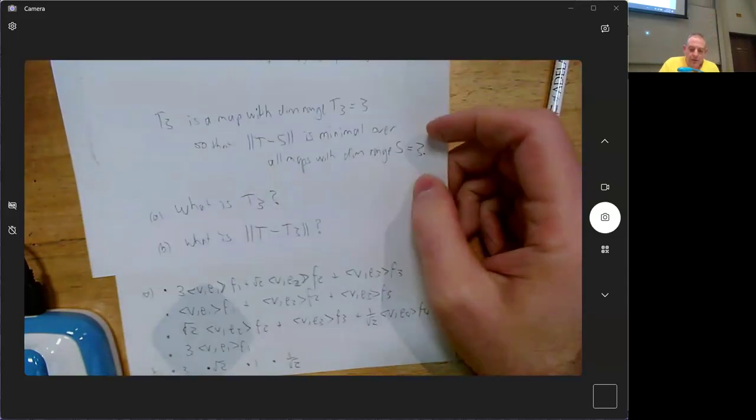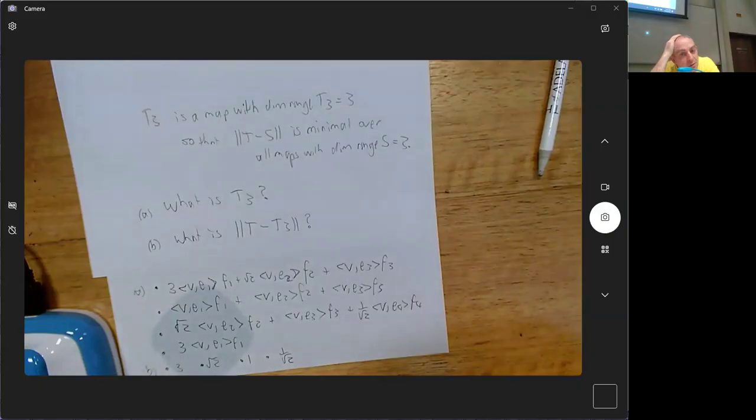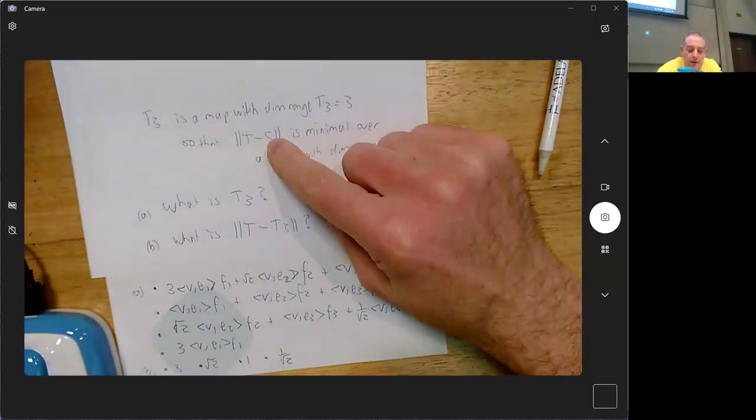So, what does our theorem now say? T3 is a map such that the dimension of the range of T3 is 3. And I presume that T3 goes in the spot where S goes, right?